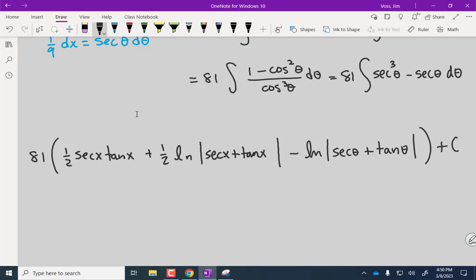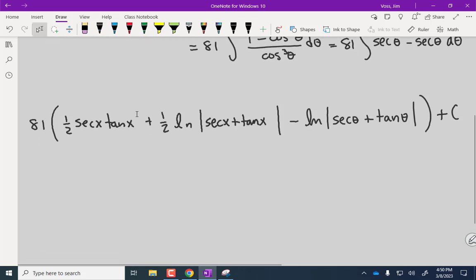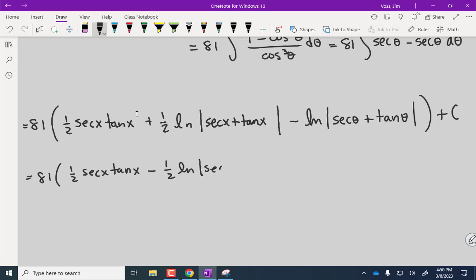Do not use a log rule to do that. So what do we end up with? Yes, those are like terms. Okay, plus C. All right, there we go.